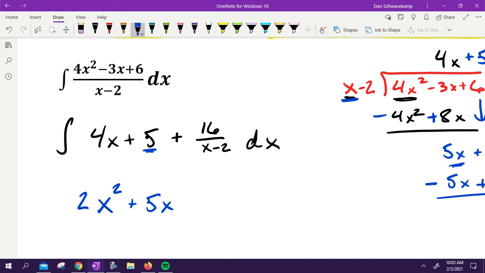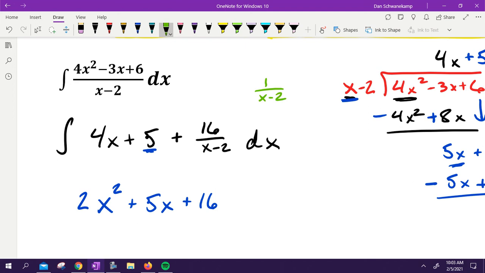16 over x minus 2. Technically, this is a mental U sub problem. Okay, do I have any constants here? So I'm going to just pull that 16 out. And then I need to take the antiderivative of 1 over x minus 2.